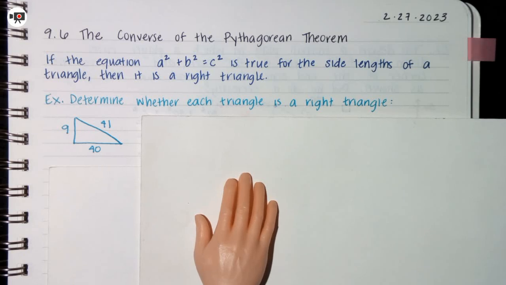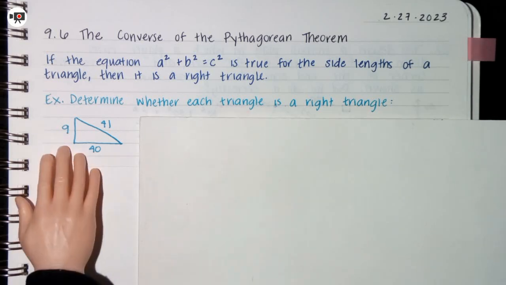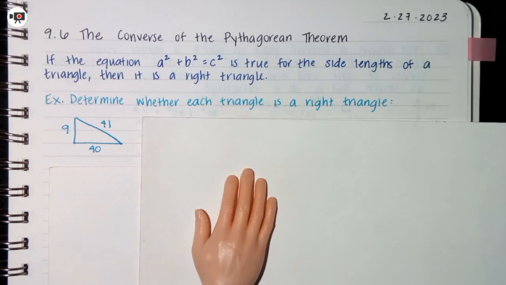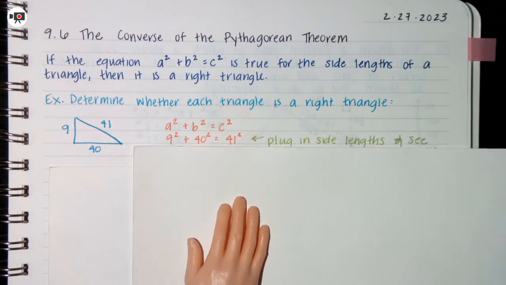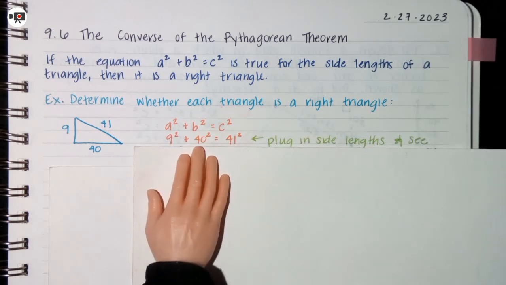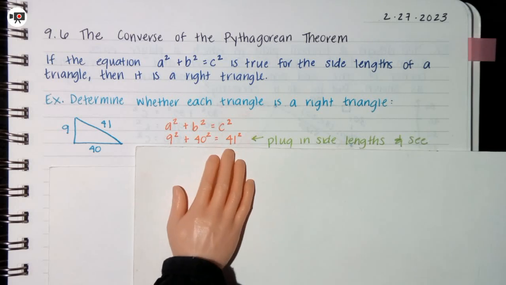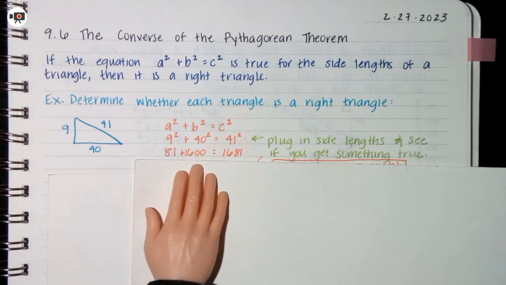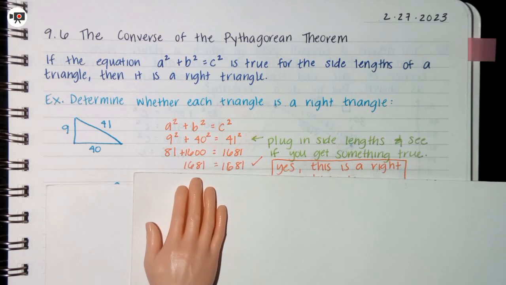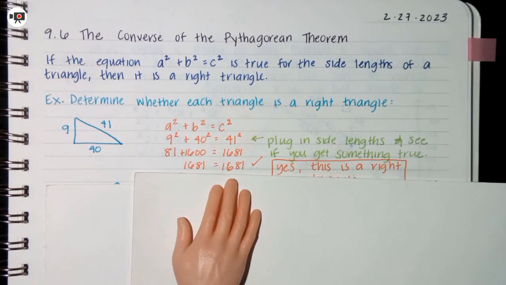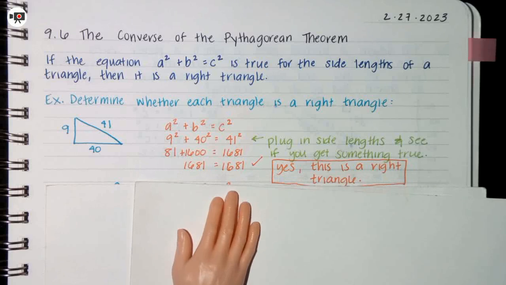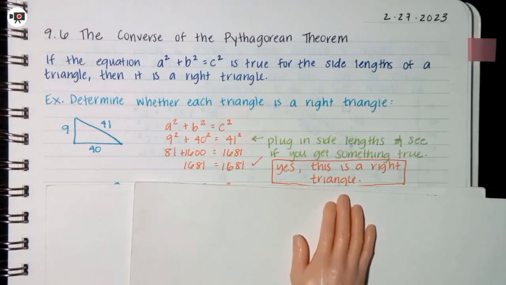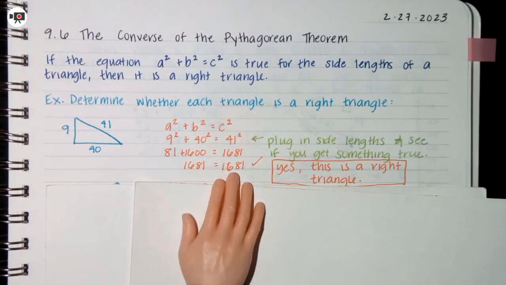So just to make it simple for myself so I know which is which, A is always smallest, C is always biggest, and B is in the middle. So to set that up, I would have 9 squared plus 40 squared equals 41 squared. Then I get 81 plus 1600, and simplify that to get 1681 equals 1681. So yes, this is a right triangle, because I got something true, two things that are equal at the end.